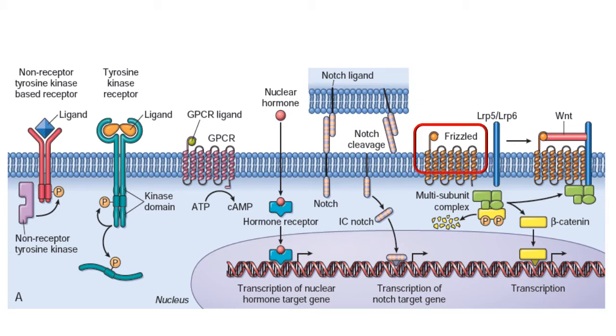Then there are the Wnt or Frizzled pathways, where activation releases intracellular beta-catenin. This intracellular beta-catenin is from a multi-subunit protein complex, and the released beta-catenin can then migrate to the nucleus, and this beta-catenin acts as a transcription factor.